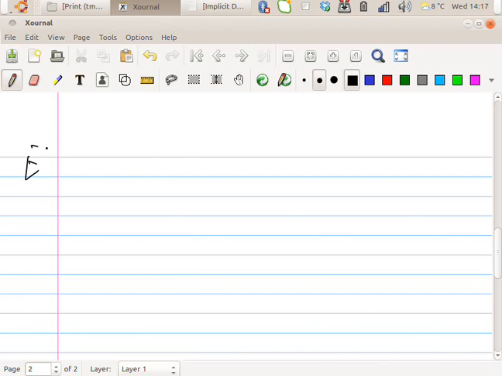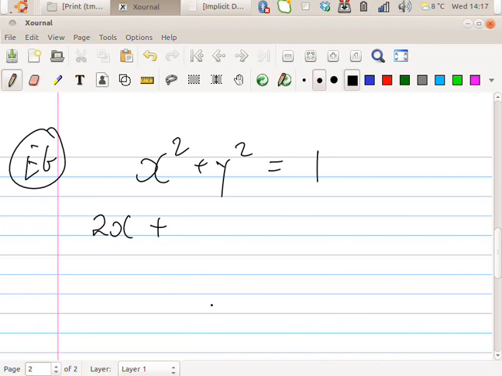Okay, so here's our example. x squared plus y squared equals 1. So we differentiate everything. Derivative of x squared, 2x. And here's the difference. Derivative of y squared, 2y dy dx. And derivative of 1, 0.